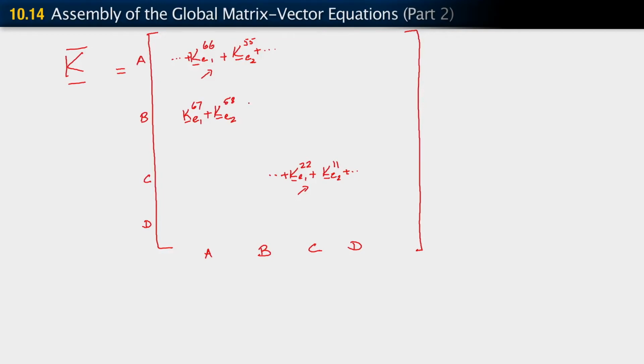So let's do one more. Maybe we do the, what do I have room here for? Let me do the AD. So AD from KE1 is going to be 6, 4, and from E2 is going to be, oh, I'm sorry, from E1 it will be 6, 5.